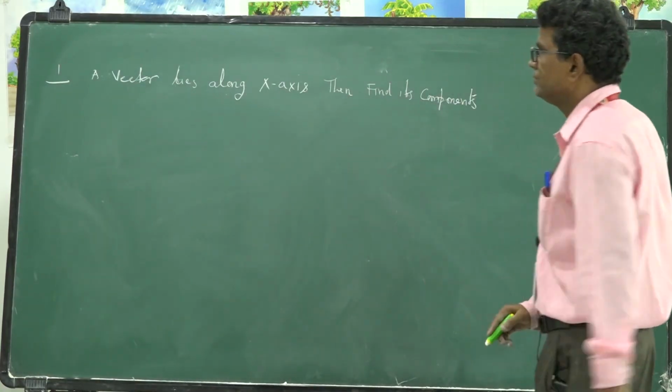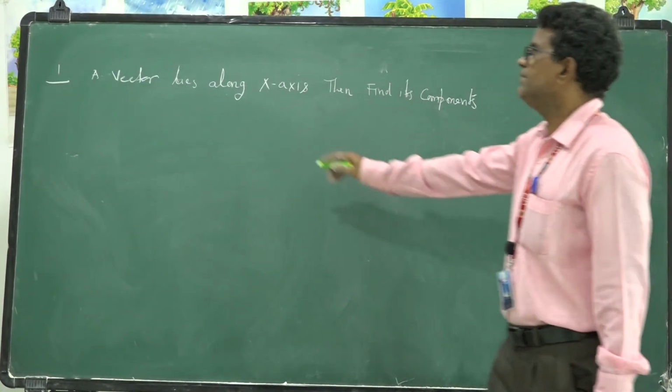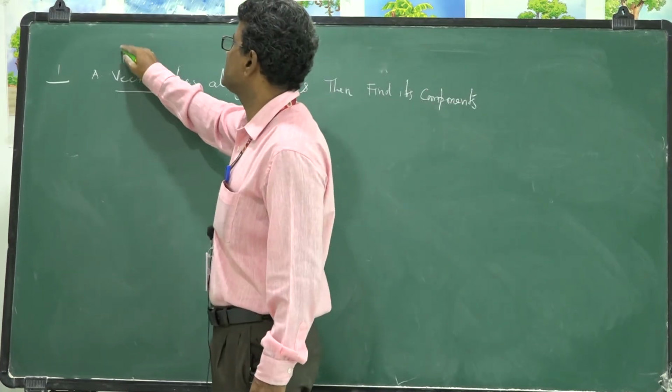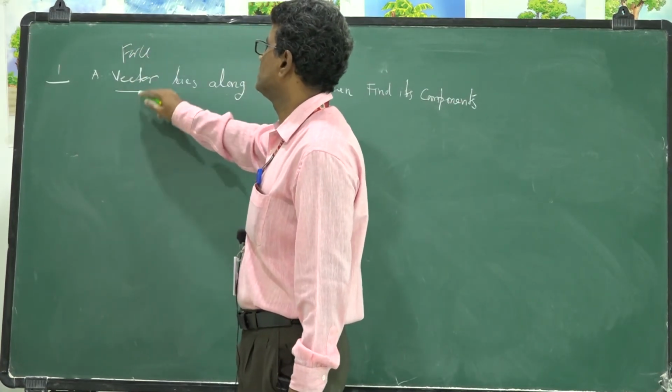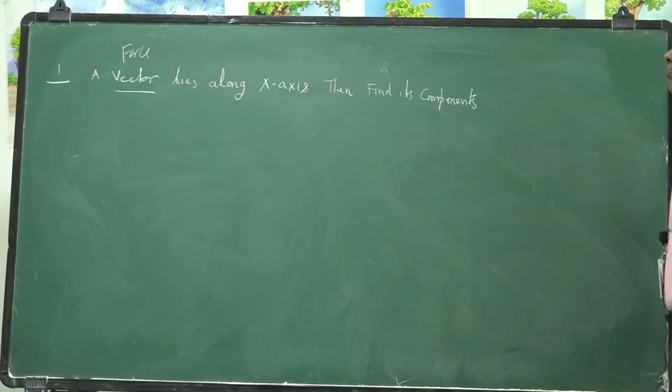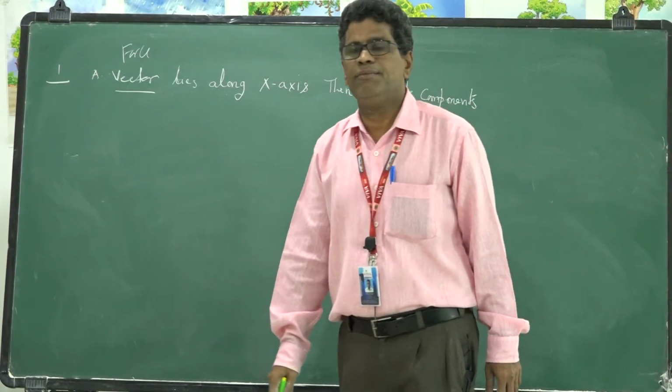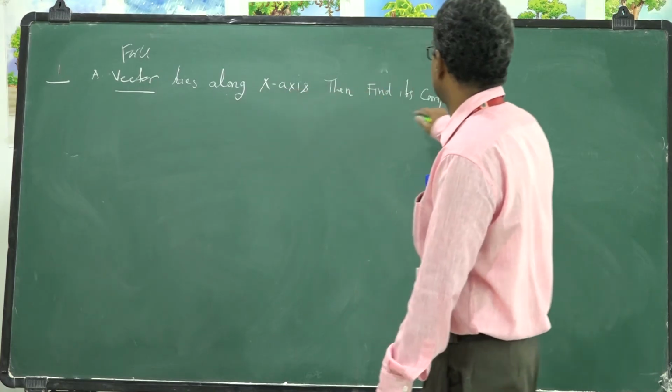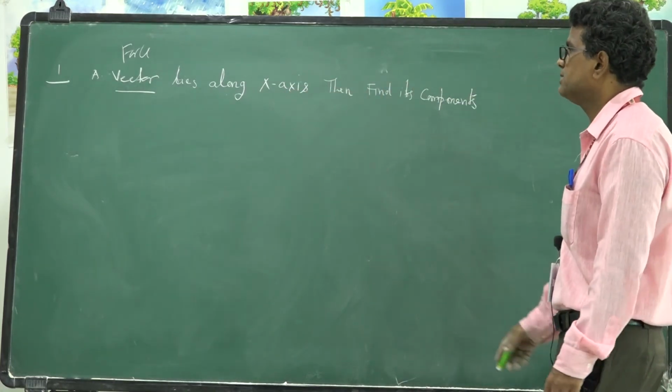Let this vector be, you can understand, a force acting on a body, let it be along x-axis. What are its components?